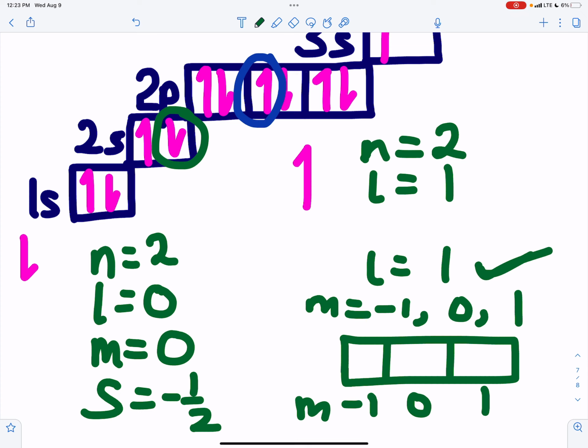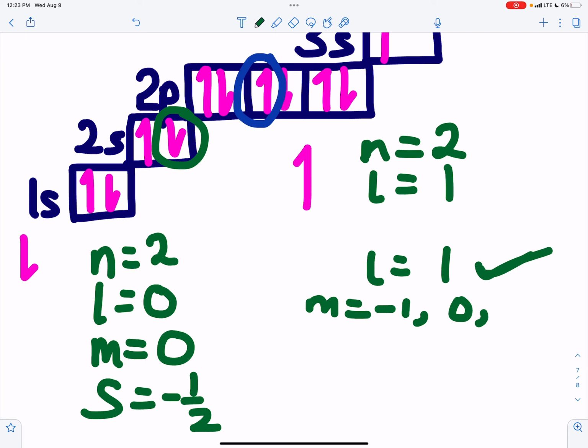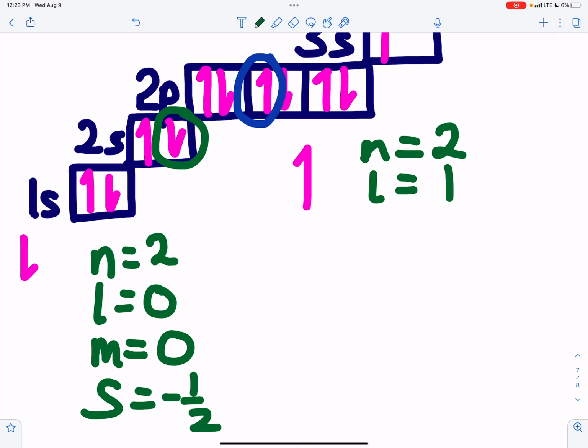The electron we are discussing here is in the middle. So that means its M value will be 0. I hope you are getting that. It's in the 2py orbital of the second subshell of the second shell. So its magnetic quantum number will be 0.